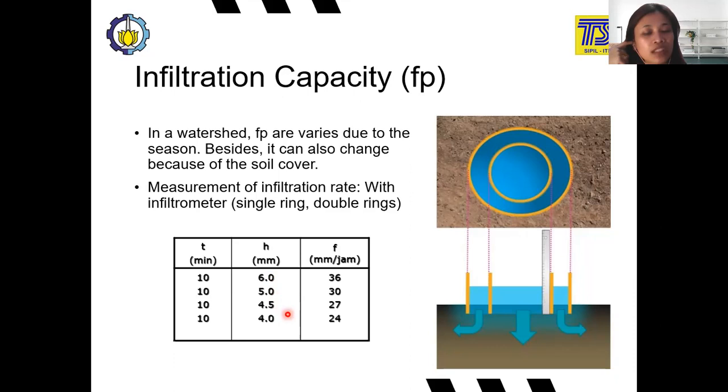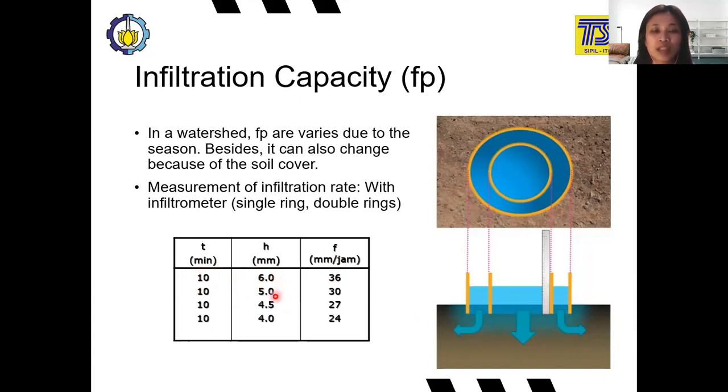As you can see, it's decreasing because in the beginning the water can infiltrate easily, maybe because the soil is still dry, and after that it's decreasing because the soil already has the 6 millimeters from the previous time step.